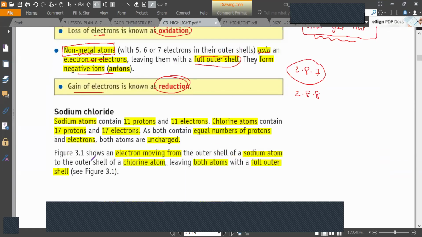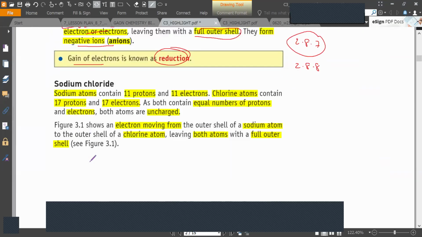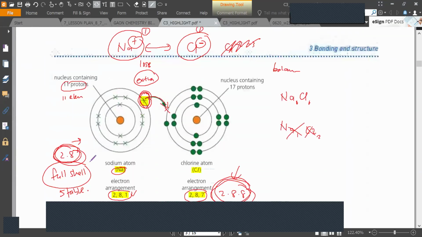Okay, example, sodium chloride. Just now we mentioned, sodium has 11 electrons, so the electron configuration is 2,8,1. So it will lose one electron to get the full shell, 2,8.